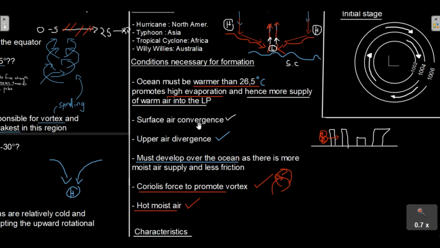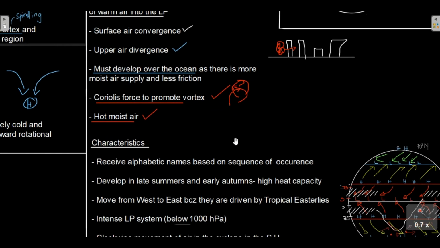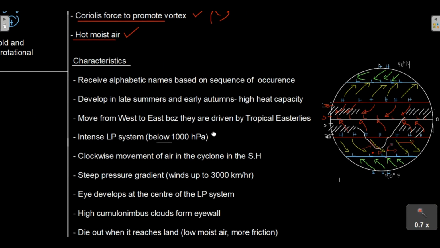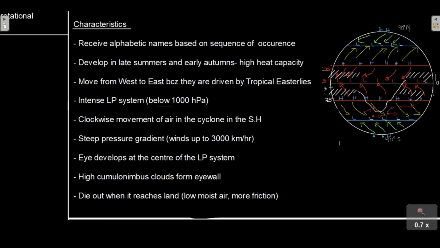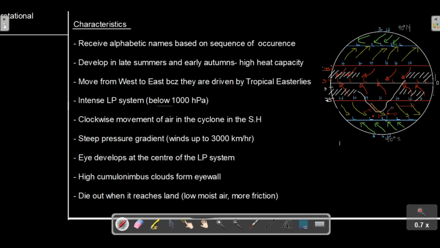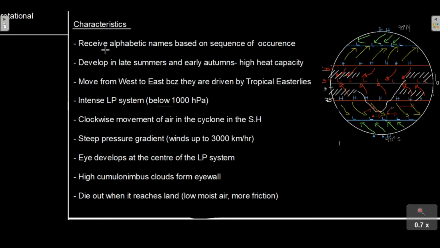Okay, now let's go ahead and look at the characteristics of tropical cyclones. Okay, what else do we need to know about tropical cyclones? Well, tropical cyclones we use alphabetic names. Okay, we name them, give them names. So they receive alphabetic names according to the sequence of occurrence.